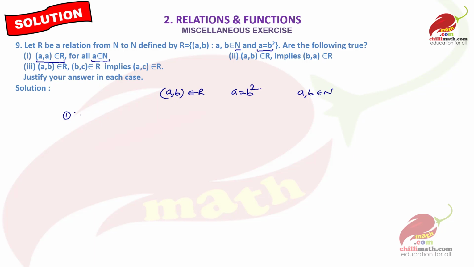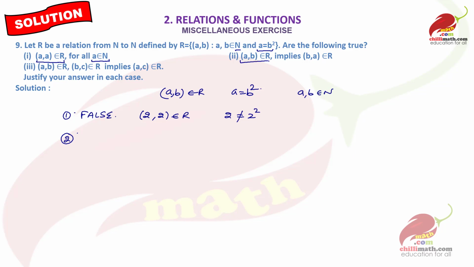So in this case, I'm taking a as, suppose, 2. Is (2, 2) in R, which means, is 2 equal to 2²? No, 2 is not equal to 4. So the first is false.